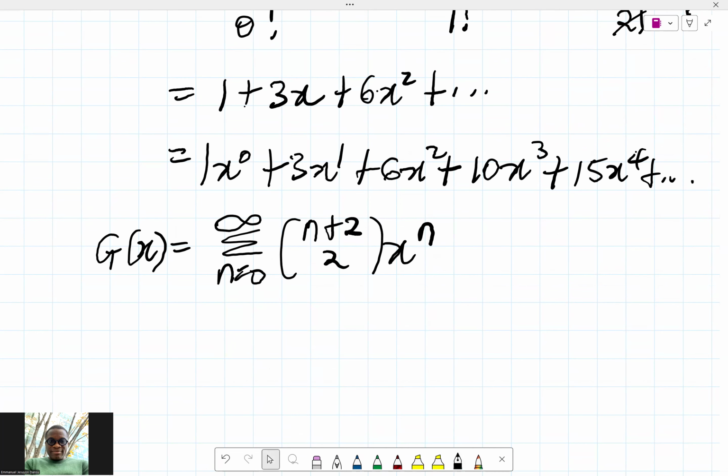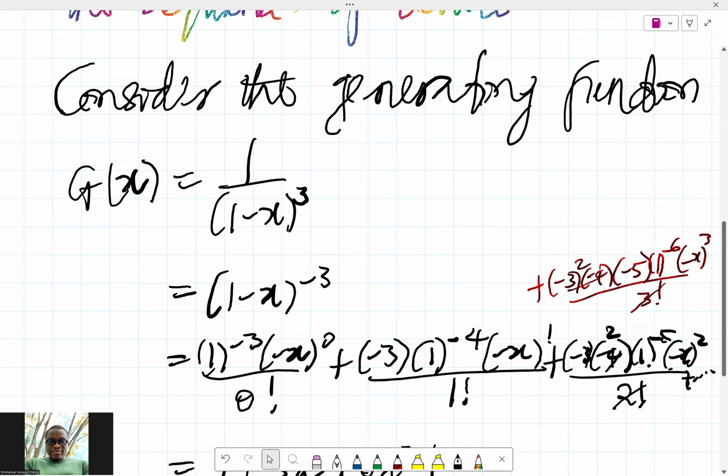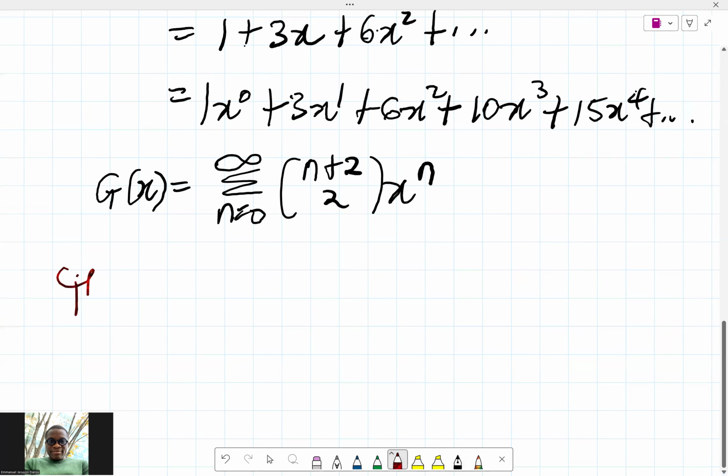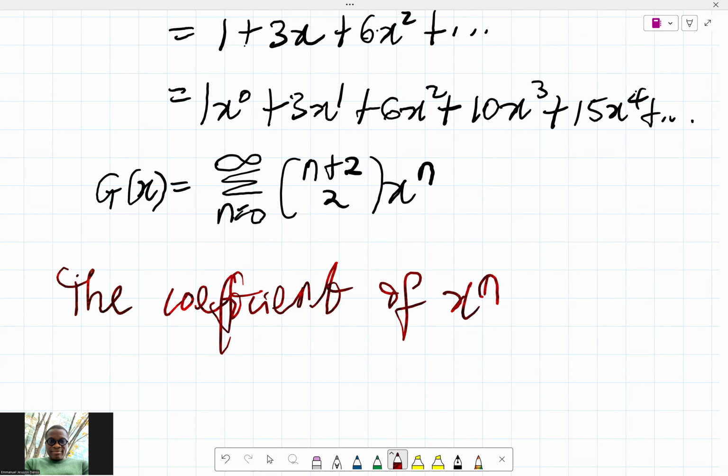So the coefficient of x raised to power n is actually n plus 2 combination 2.